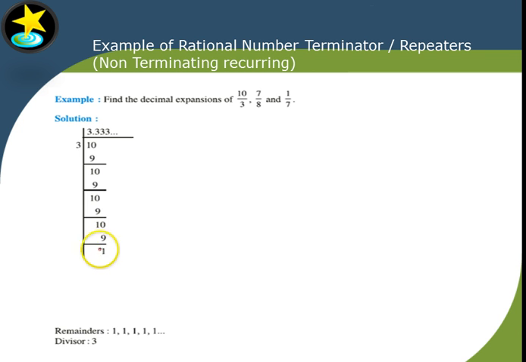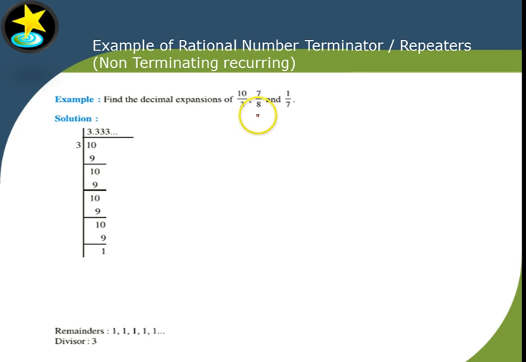We can keep moving on by putting one additional 0 and dividing by 3, and we'll keep getting 3, 3, 3, and so on. So in this case the digit 3 after the decimal keeps repeating and the number does not terminate. This is an example of a fraction which, when converted into decimal, gives repeaters.